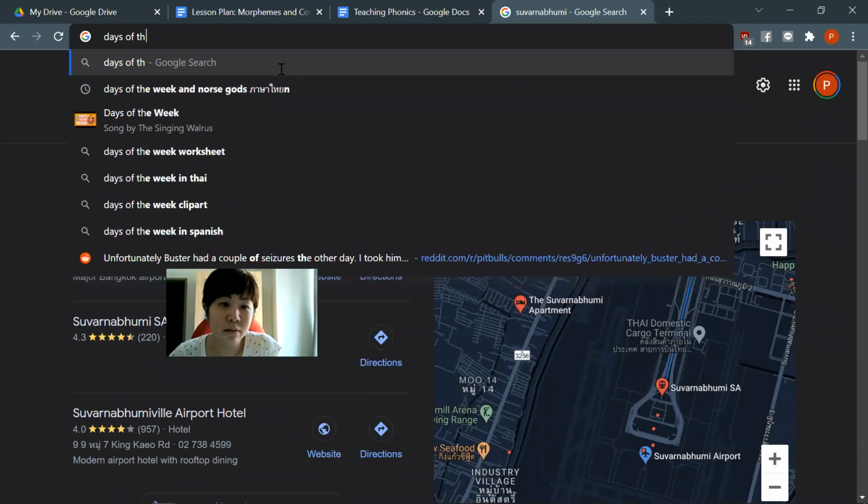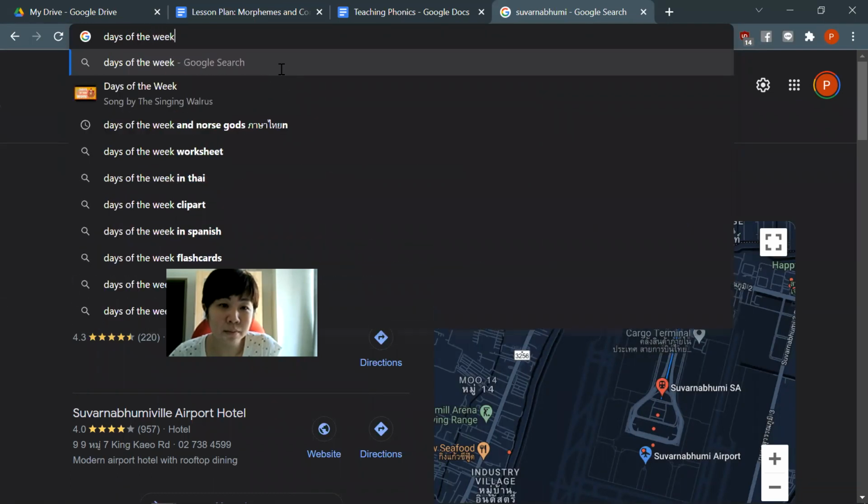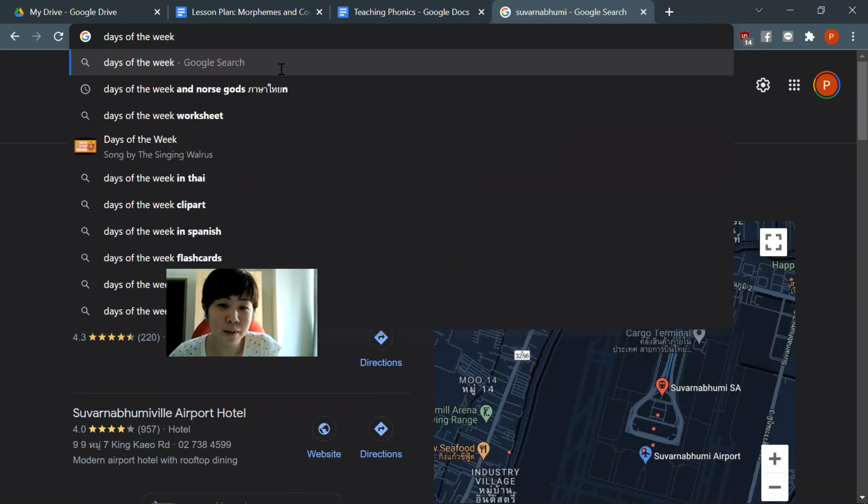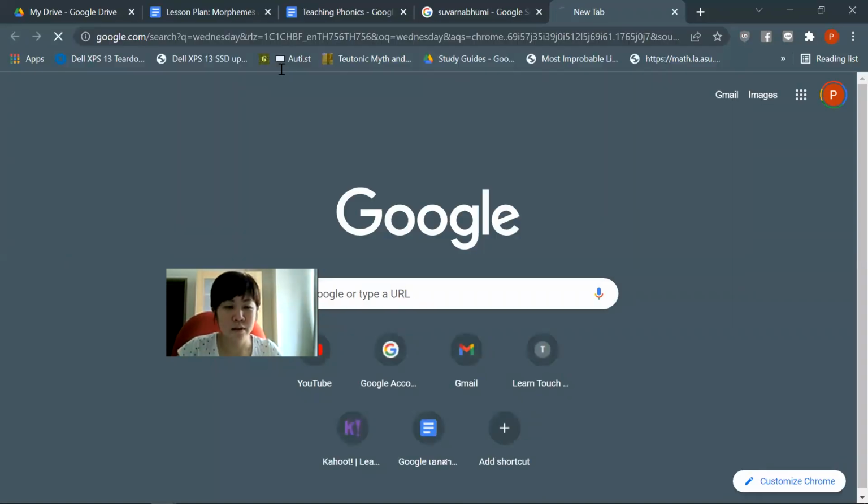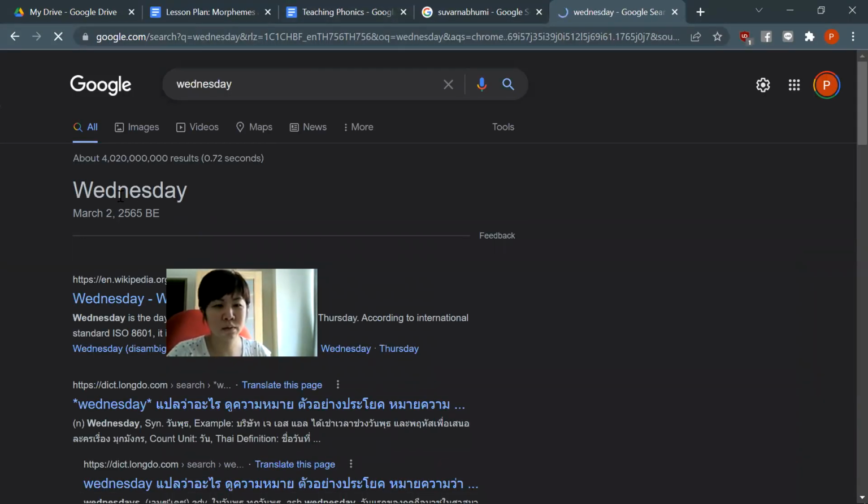I don't want to go too off topic, but it's useful to talk about English too, because in old English words, you'll see the old spellings, like Wednesday, right? Wednesday comes from the god Woden, or Wodin, depending on how you spell it.